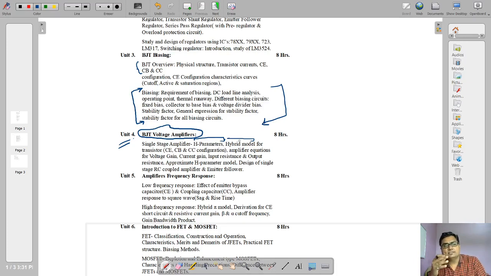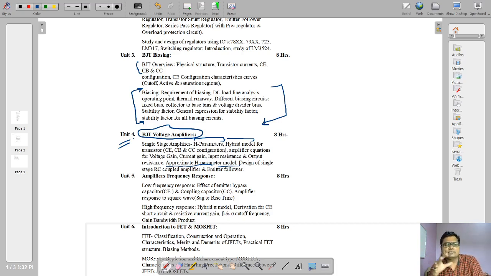Practically, if the hybrid model is not working, then we need to switch to the approximate H model, and the study of that approximate H model is also included here. Look at this, approximate H parameter model. This is useful at the time of practicals.